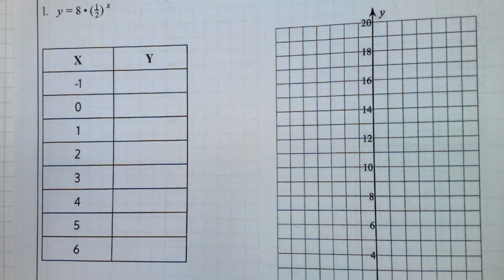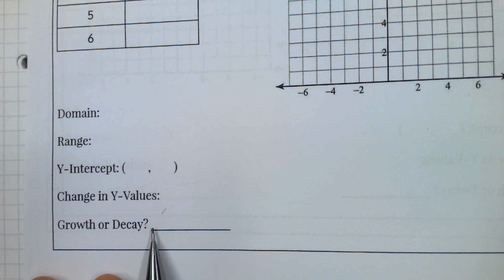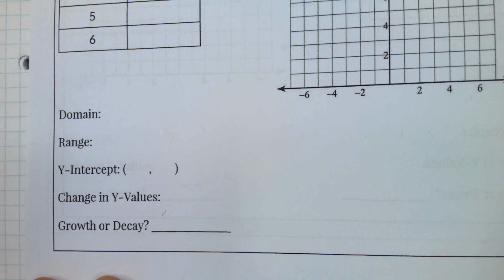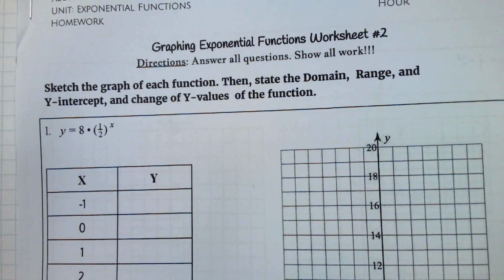Figure out how it changes, and the change in the y value. The change in the y value will also tell us if this particular exponential function represents growth or decay, and we'll talk about that. Okay, so this is our function, and these are our values.